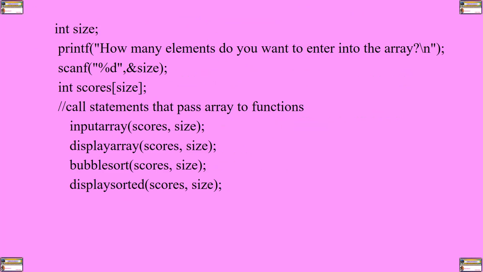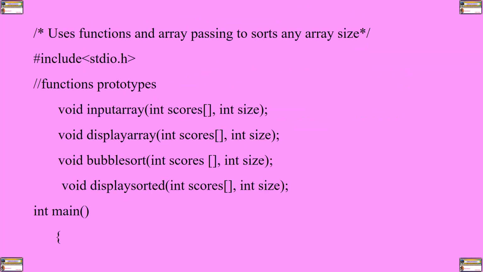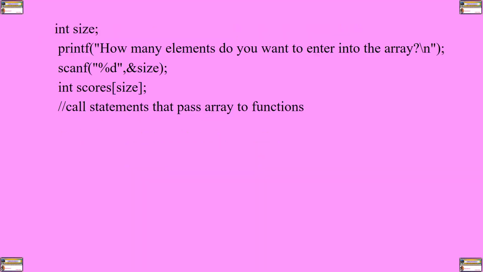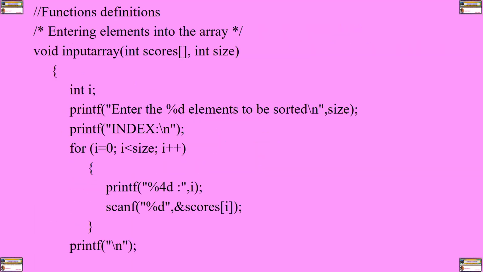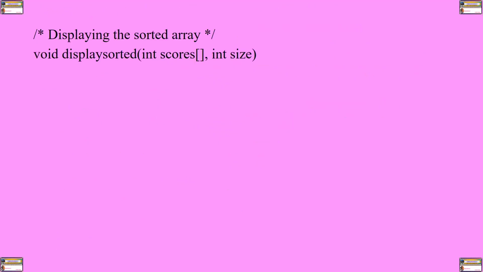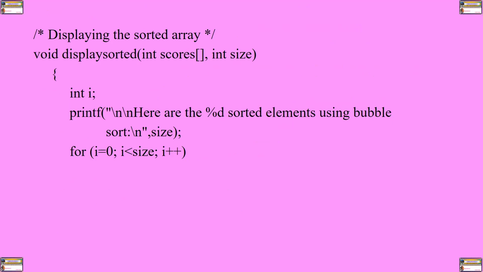Once this statement is invoked, the control will be taken to the prototype for displaying the sorted array, and then after main to look for the function for displaying it. This function is going to read the values from the array and write them out on the screen, spaced 4 spaces.